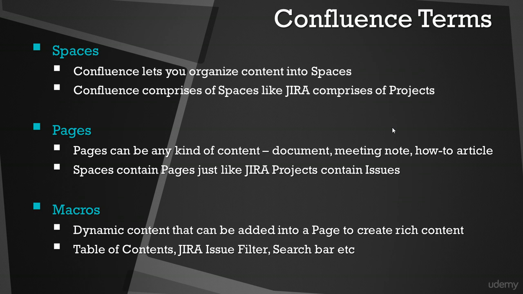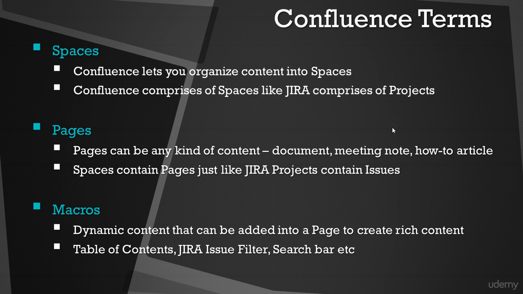Once you've created your spaces, now all the content that goes into a space will be in the form of pages. Pretty much anything from meeting notes or specifications or how-to articles will be created as a page and then populated with relevant information. Now, within a page, Confluence provides a whole slew of what they call macros, which are basically small tools or widgets that add extra functionality or dynamic content within a page.